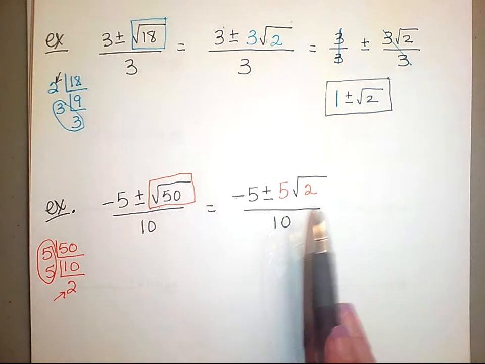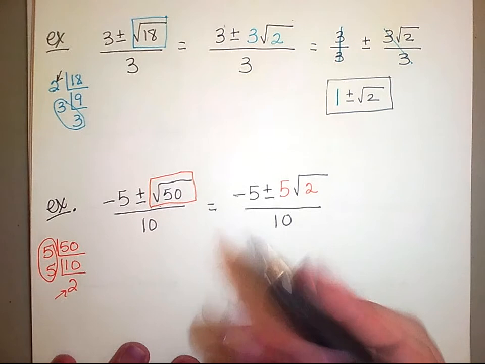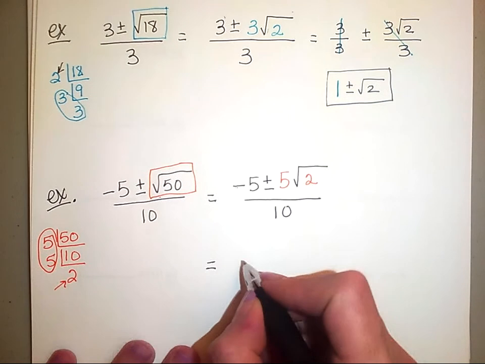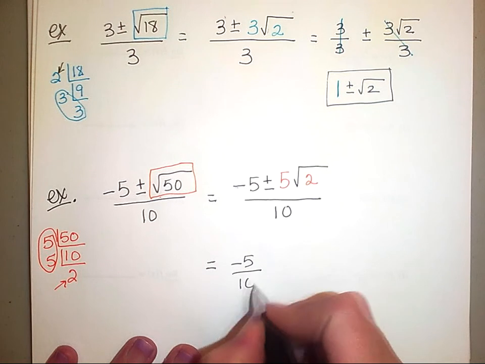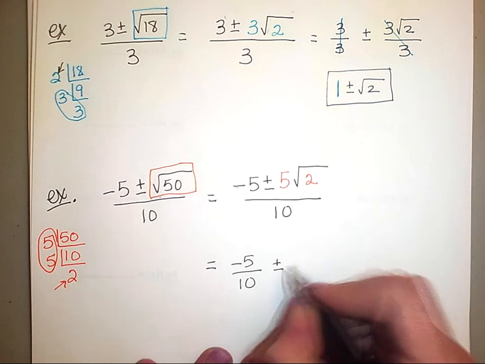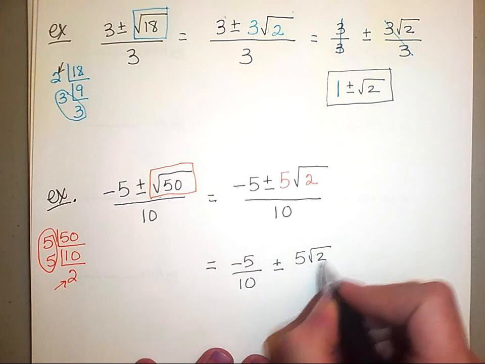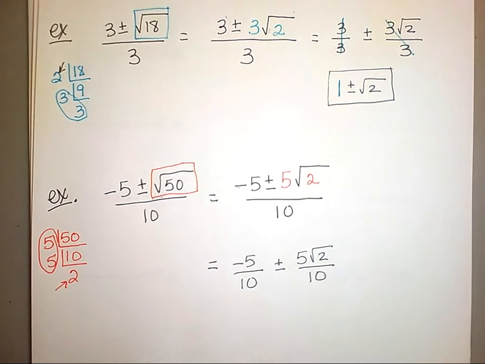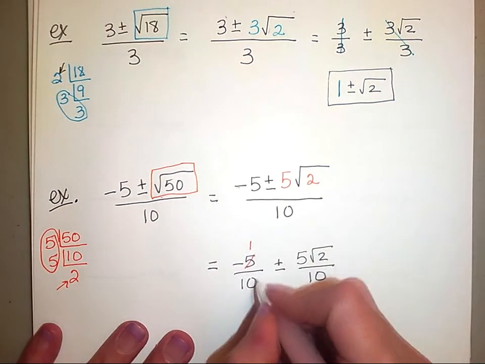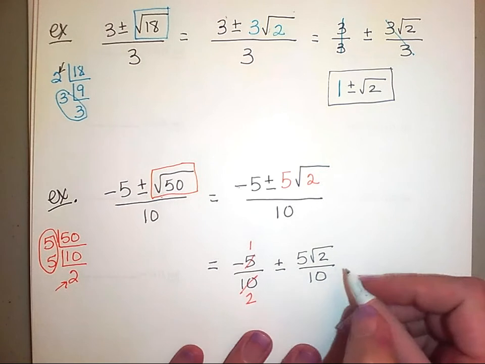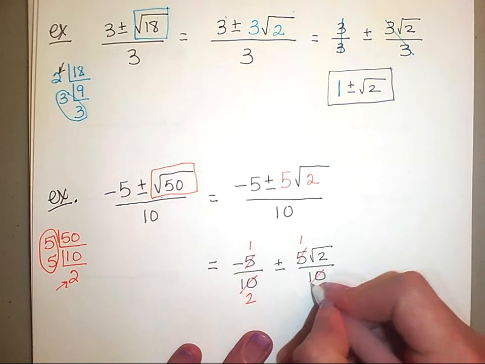Now, there we've simplified the radical. Now let's split it up. So it's either written as one great big fraction, or we could split it up as negative 5 over 10 plus or minus 5 root 2 over 10. And now we can simplify. 5 goes into itself 1 time and into 10 2 times. And the same here.